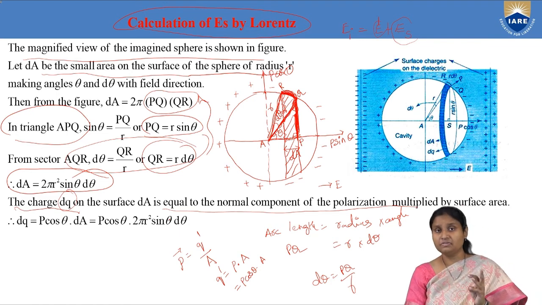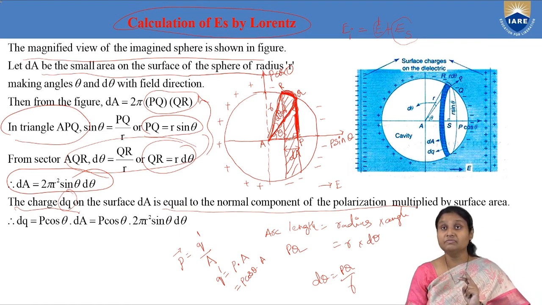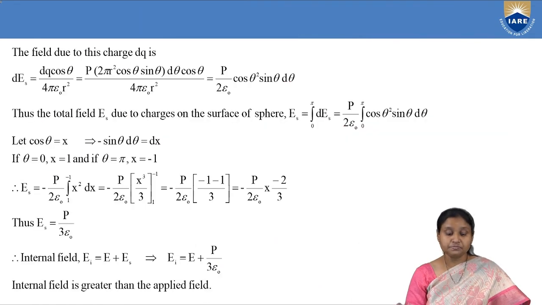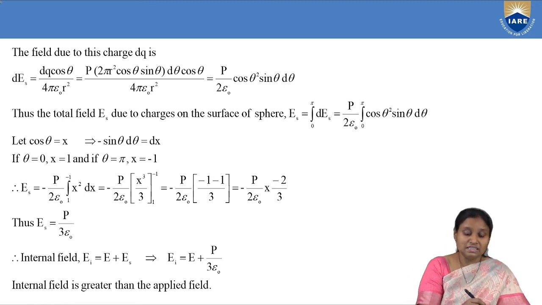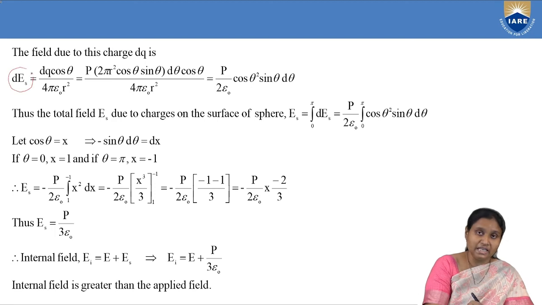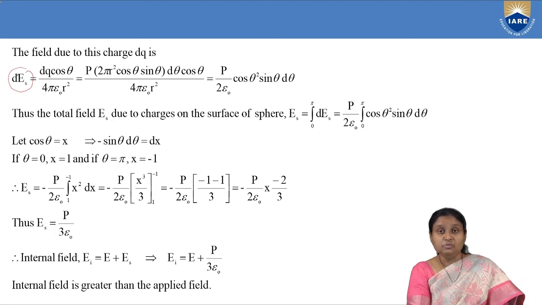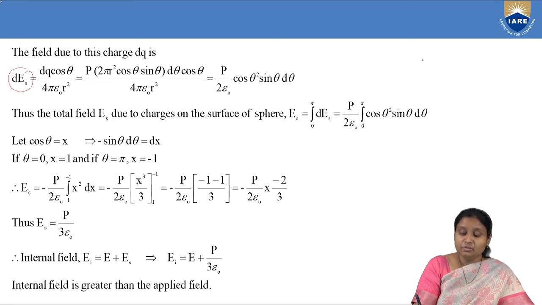So now, first we have taken a small area, and then we have considered the charge distribution on this small surface area. Now the next step is to find the electric field due to this charge dq. Let us call this electric field on the small area dA, so let it be equal to dE. And we know how we generally represent electric field.